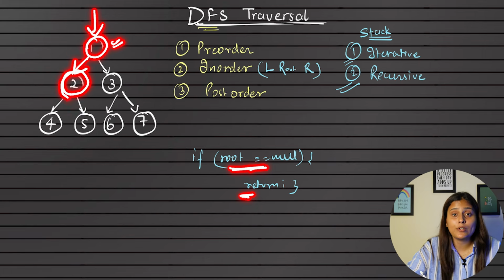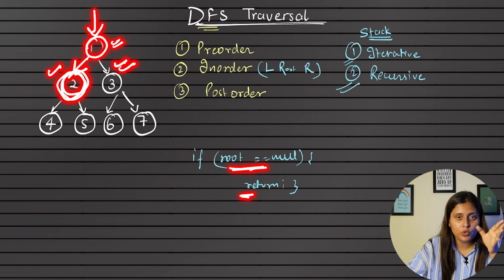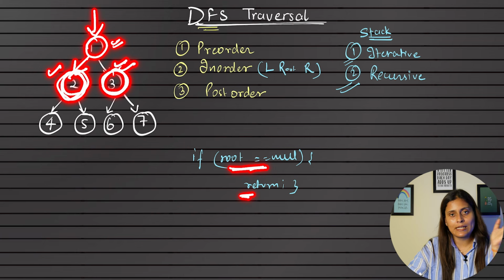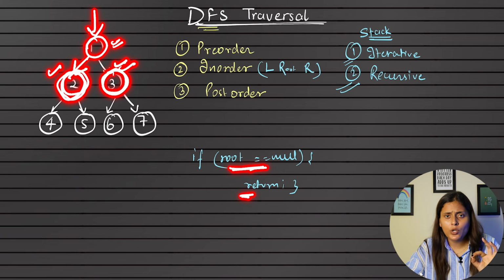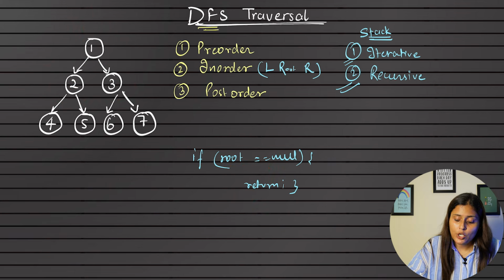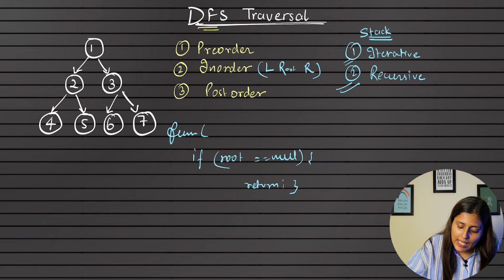Now how can we go for the left call? Here we have choices: either we can go towards the left side or towards the right side, correct? So wherever we want to go first, we will call the function recursively for that direction. Let's say we have a function here and we are sending root here.